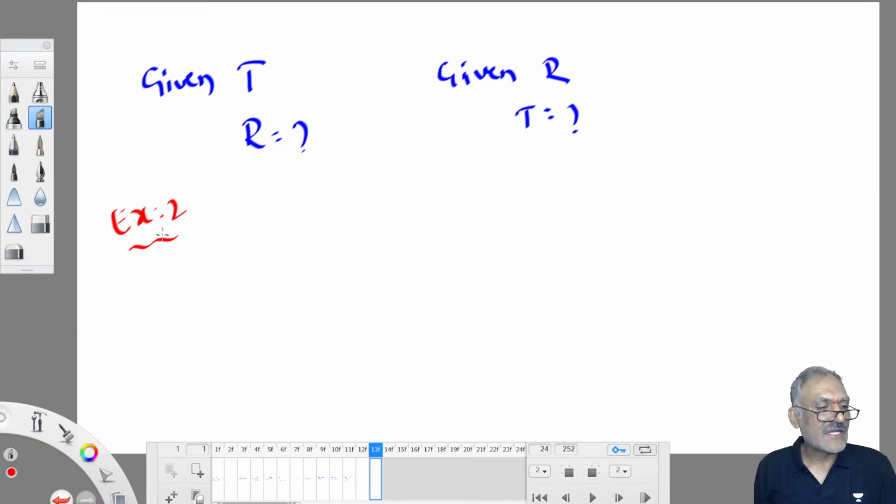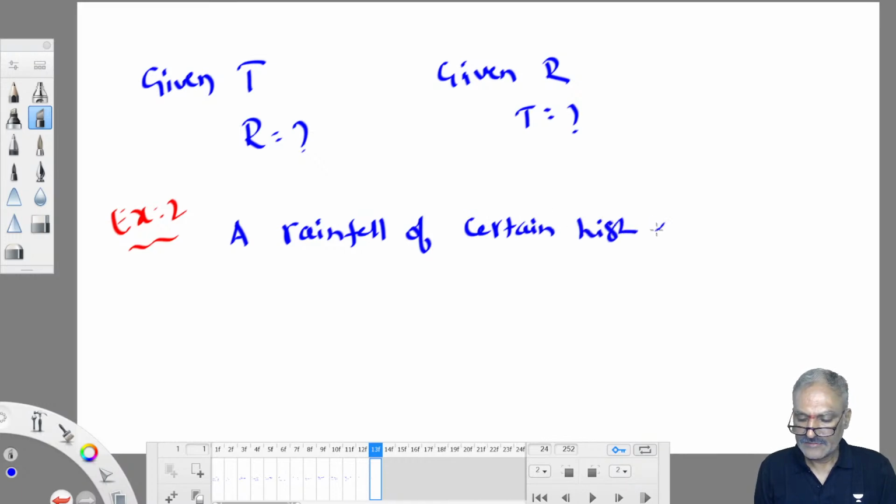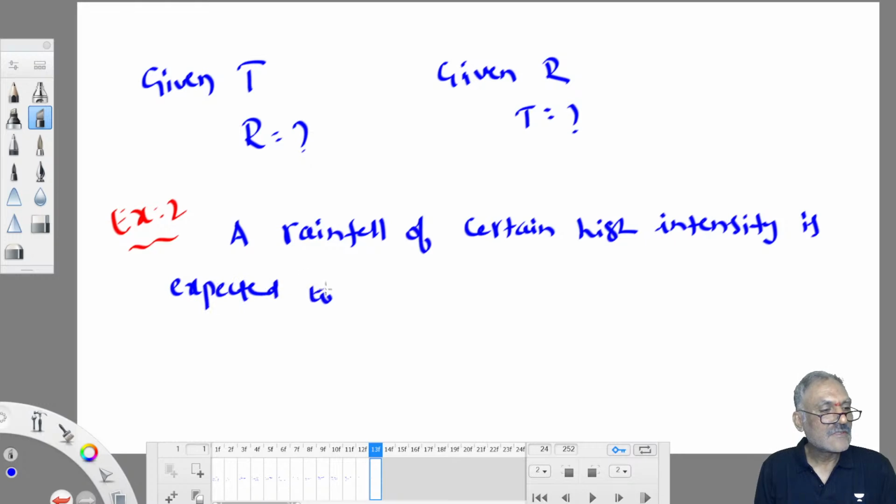A rainfall of certain high intensity is expected to occur once in every 20 years.